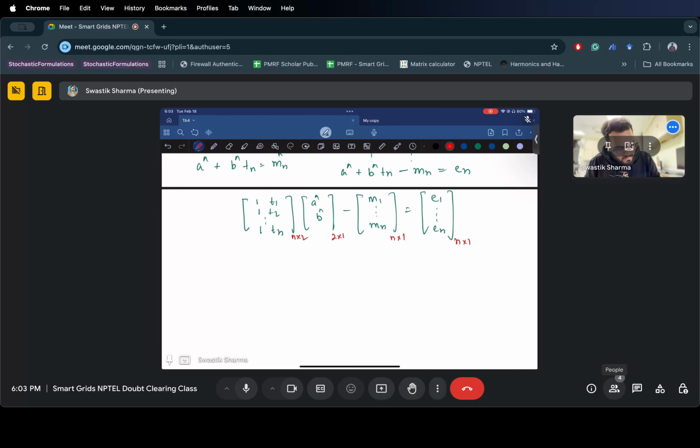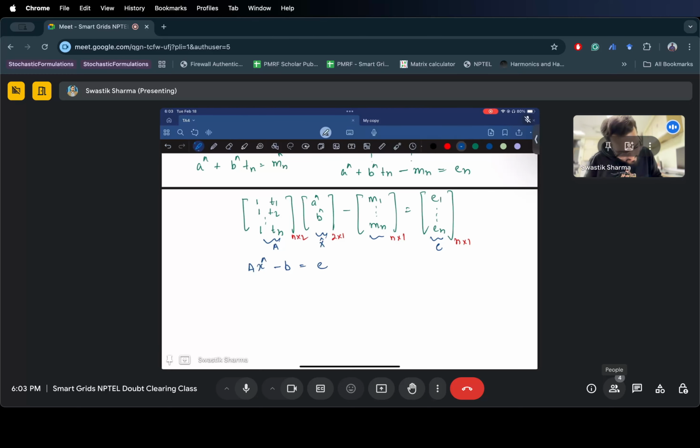Let's represent this by A, this by X, this by B, and this by E. It is written as A x cap minus B equals E. So this is how your system would look.